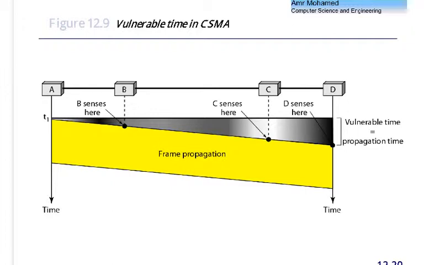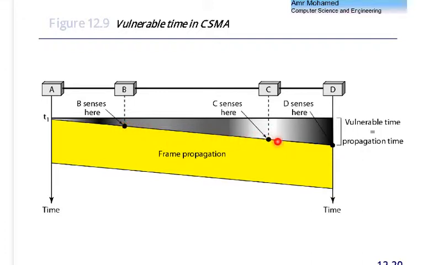So we started talking about carrier sense multiple access last time, and we said that if any node on the shared medium wants to send data, the data propagates across the cable, and the different nodes can listen to it at different times.